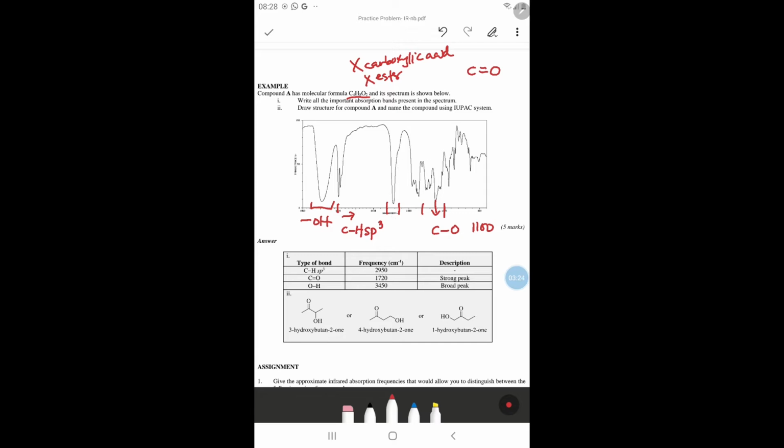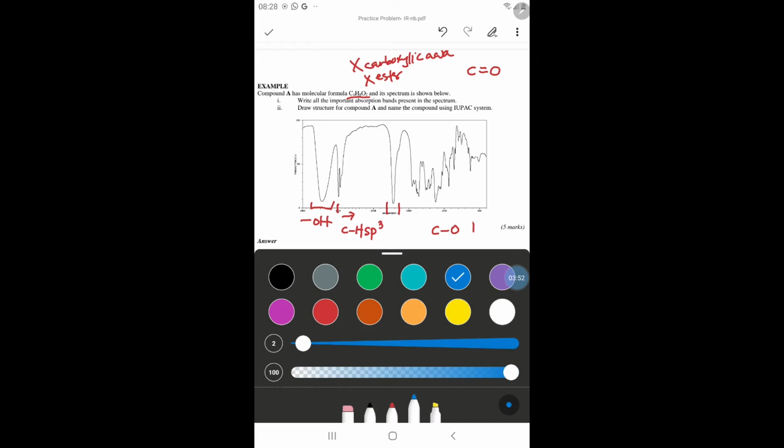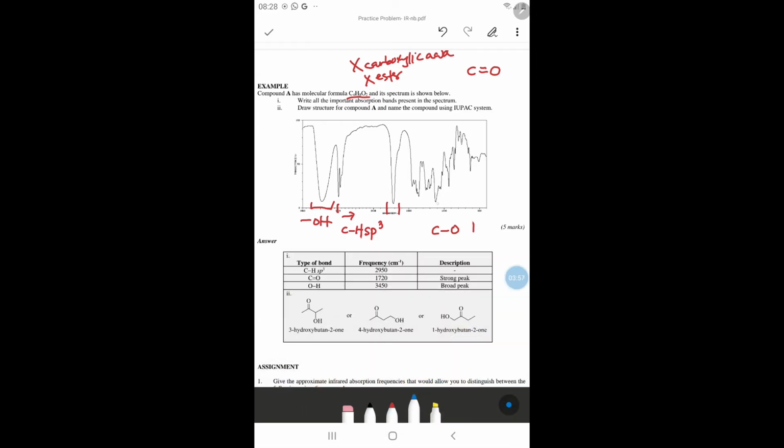So bring your ruler and get the frequency. For OH, you need to bring your ruler and find the middle peak. Maybe I choose different colors so that you can see which peak and how to make a line.